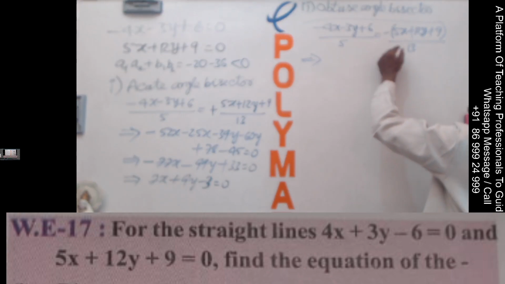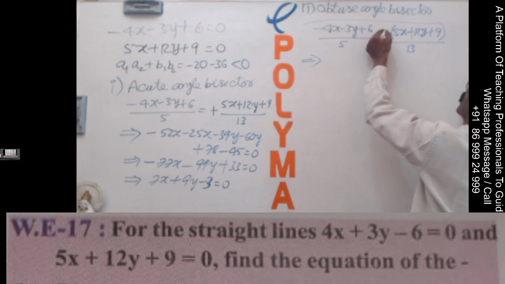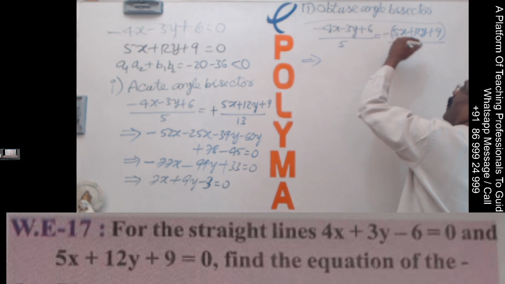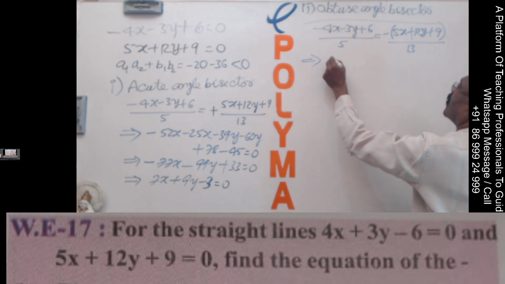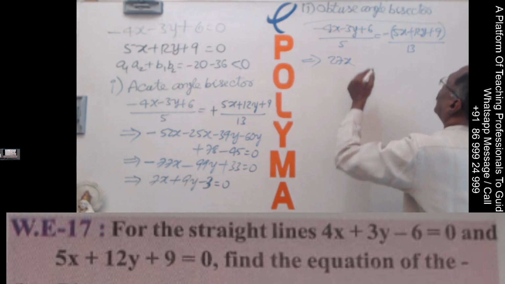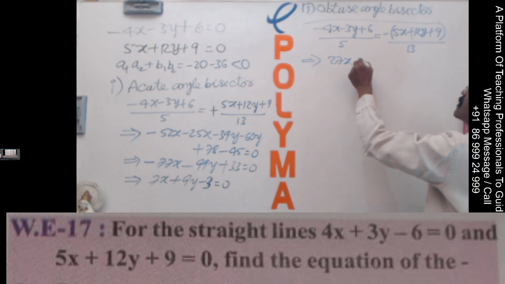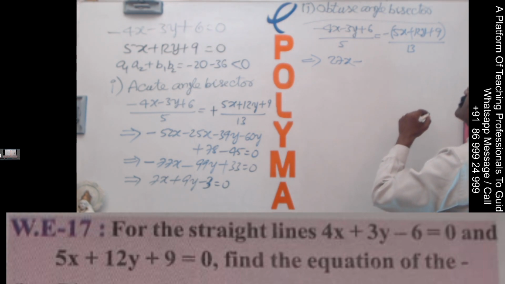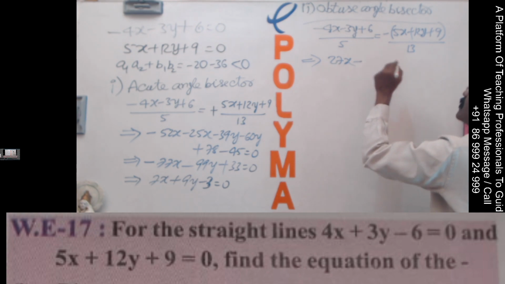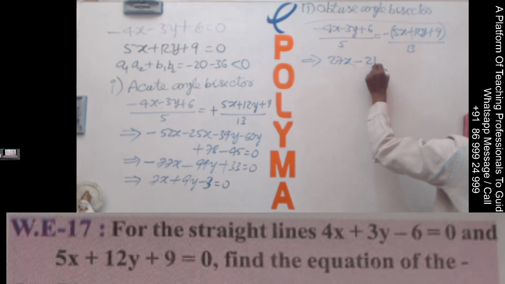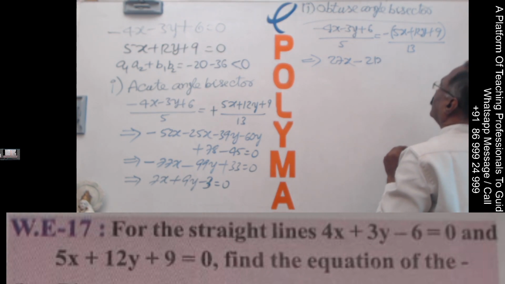The simplification I am writing directly: minus 52, this is minus 25, so minus 25 plus 52, it is 27x. It is minus 39, minus 60, minus 60 plus 39 is 21, 21y.